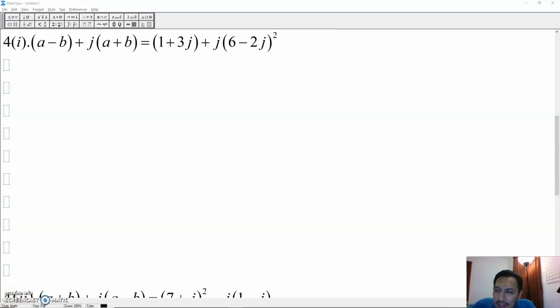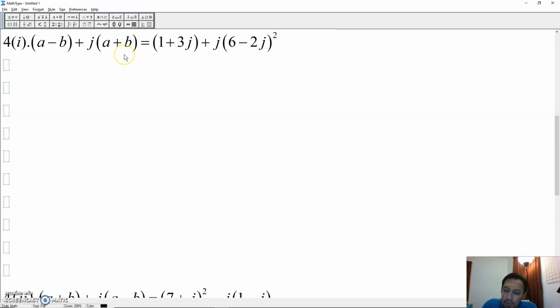Okay guys, in this question, the idea to solve it is based on the concept that two things are said to be equal if they are put this way.